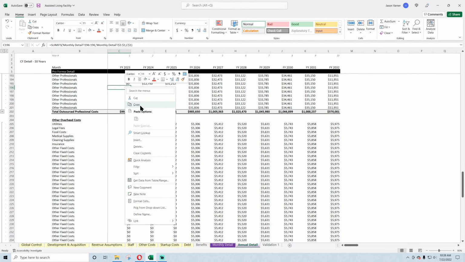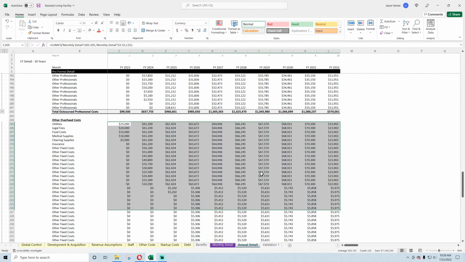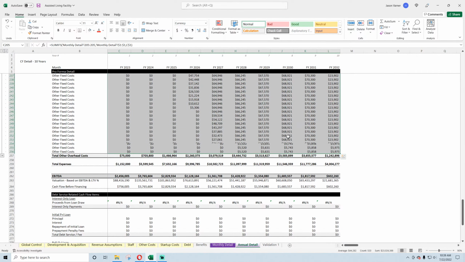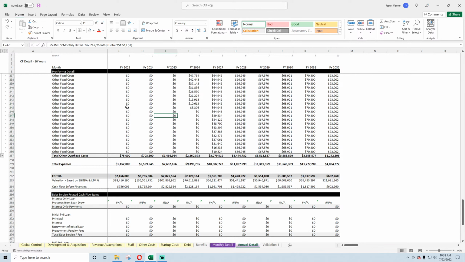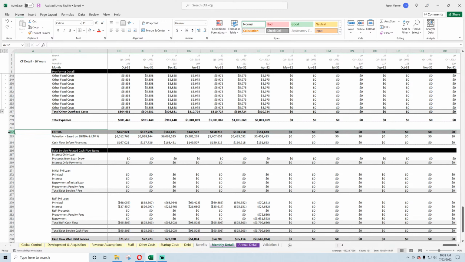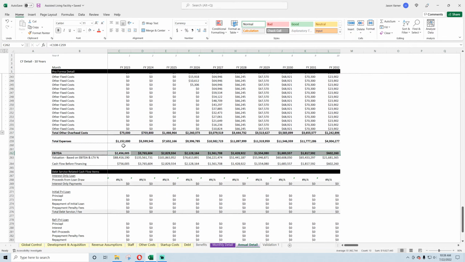Then we have other overhead items. Alrighty, now we're talking. So EBITDA, this should match 19,827. 19,827 looking good.